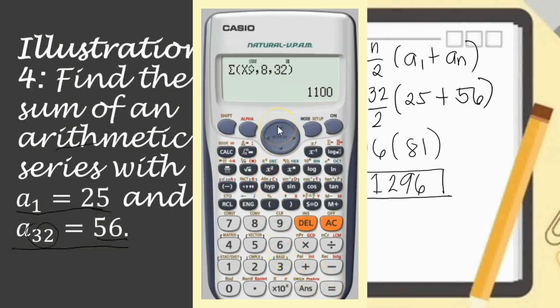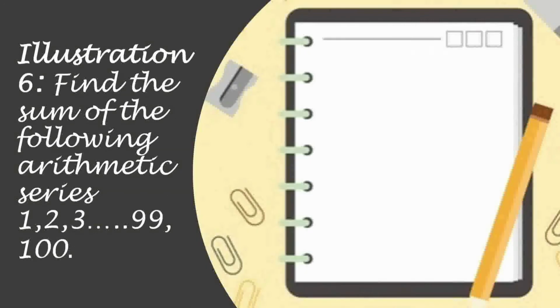Or, halimbawa, from 8 to 28, so palitan natin ulit. So, delete natin, 28. So, summation nung 8th term hanggang 28th term. Ayan. So, 882.